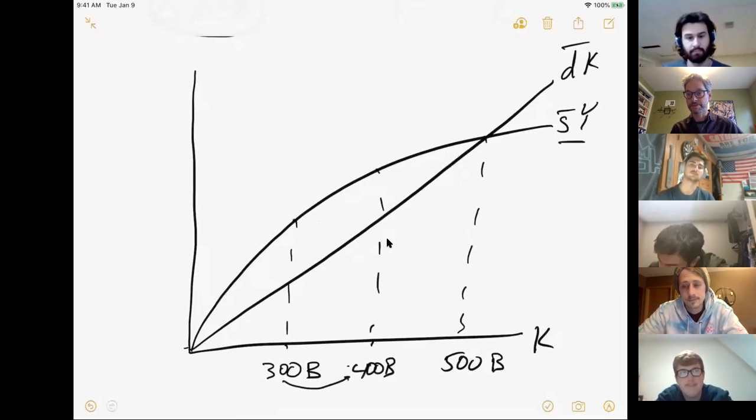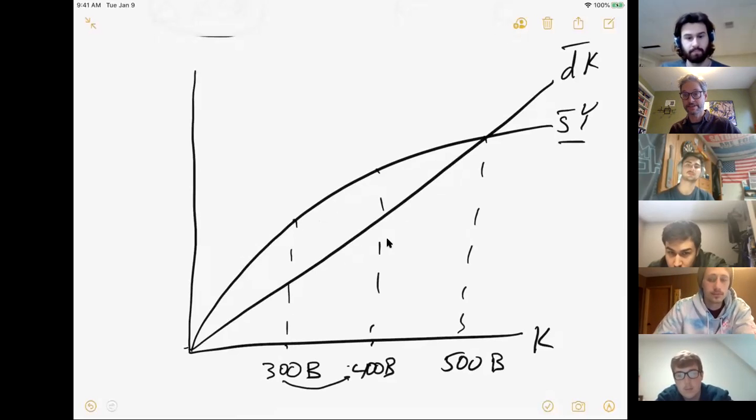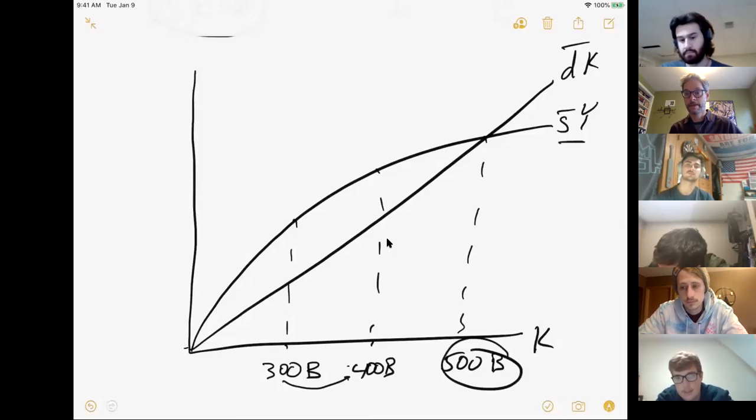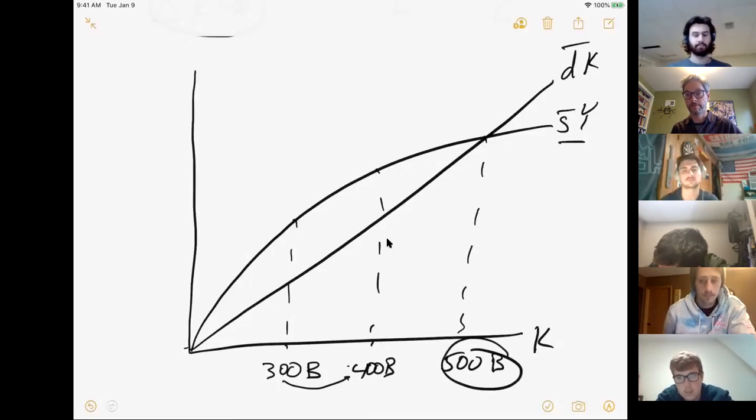So what happens? Output goes up, but strangely enough, growth actually goes down a little bit because we're closer to the steady state. And so this gift, while it does increase the level of output, actually reduces growth. And it doesn't change anything in the long run. In the long run, we're still going to be at the same steady state as we were before.